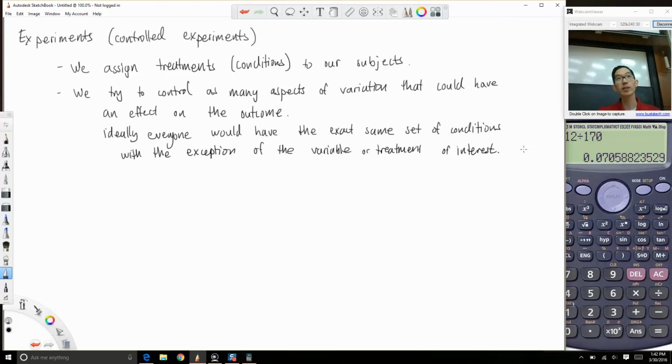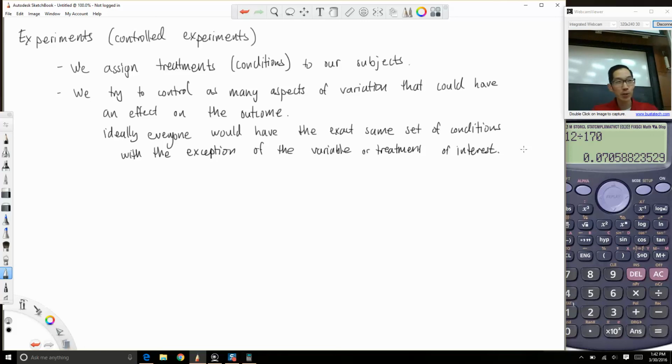And if at the end of your study you find that the group that got the actual medication does have lower blood pressure than the group that got placebo, you can say everything about these people was exactly the same, except for the fact that these guys got placebo and these guys got the medication. Therefore, the difference in the blood pressure that we observe can be attributed to the difference between the placebo and medication. Okay? That's how a properly controlled experiment would be done.